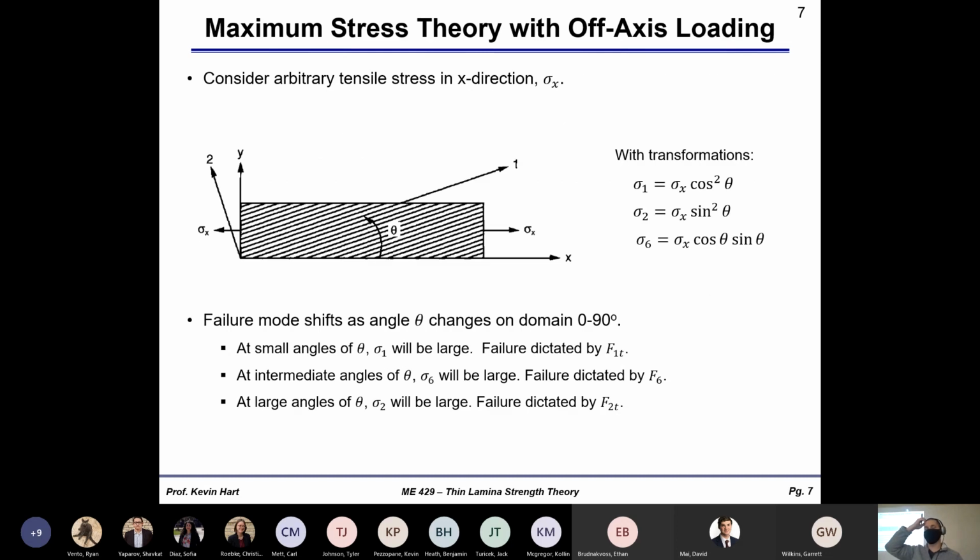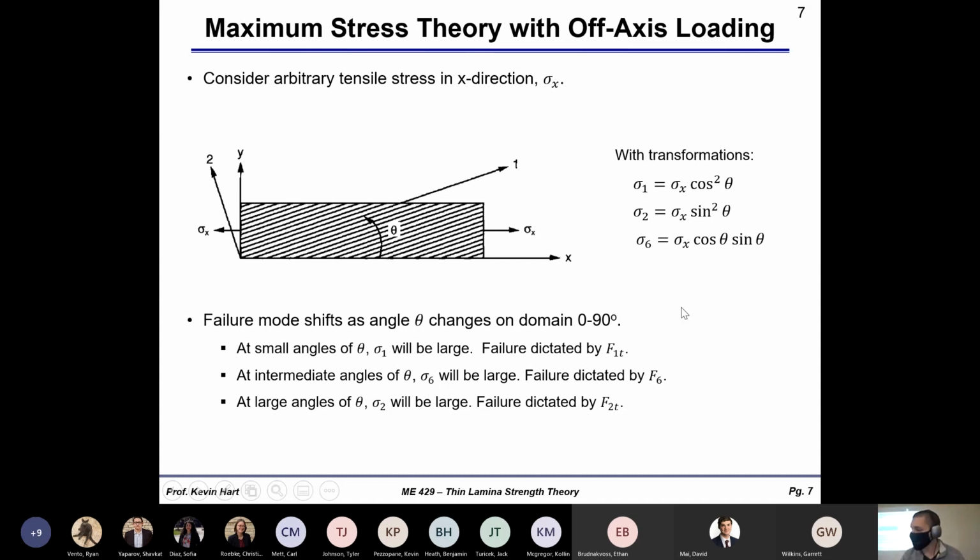We talked about then how the strength of these lamina vary as you're changing the loading direction with respect to the fiber direction. So if you're only loading in one particular direction, sigma x, only unidirectional loading, and then you're changing how the fibers are aligned, what's going to happen? Well, at small values of theta, you're going to be loading mostly in the one direction. At large values of theta, mostly in the two direction. And if you're somewhere in between, you've got a combination, loading mostly in shear.